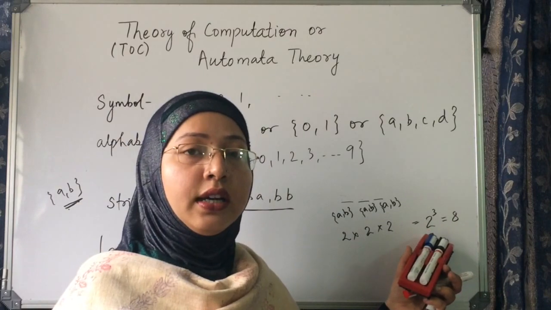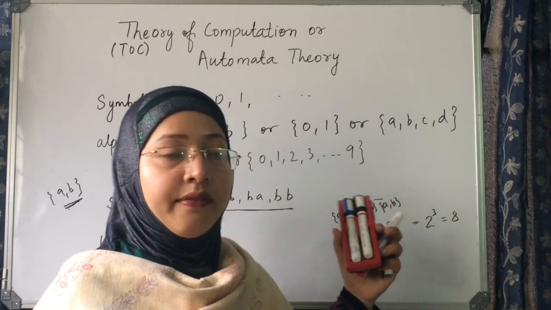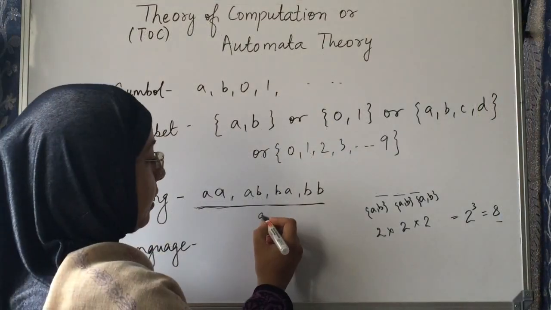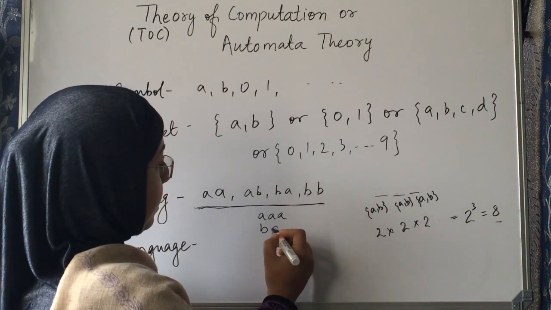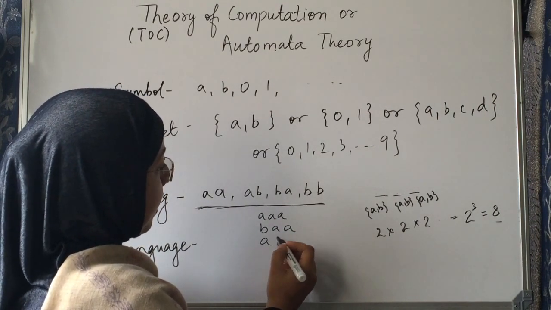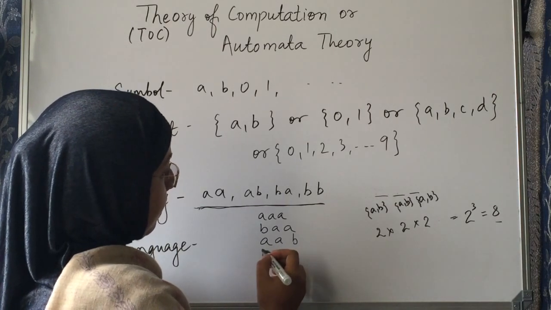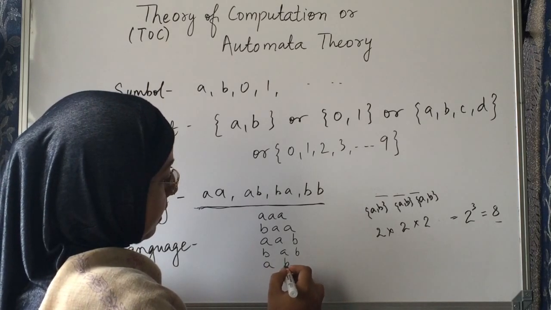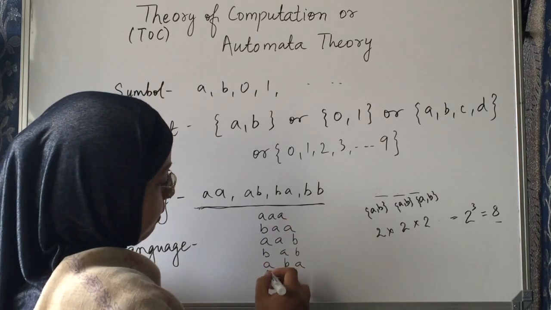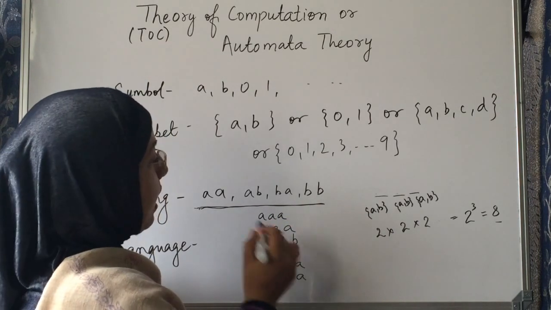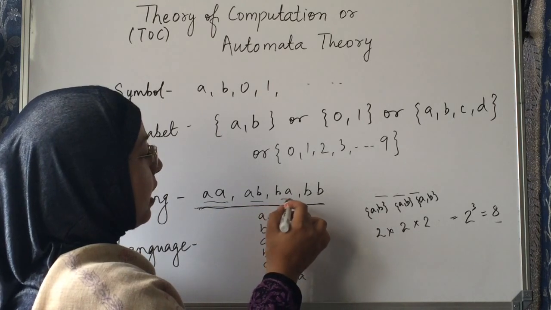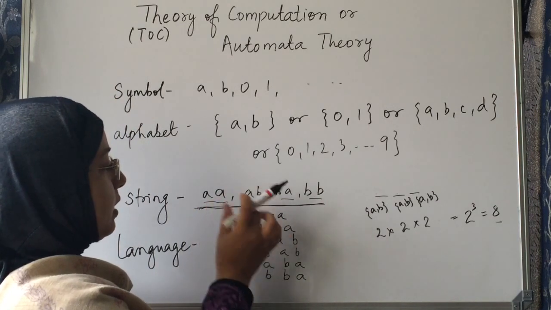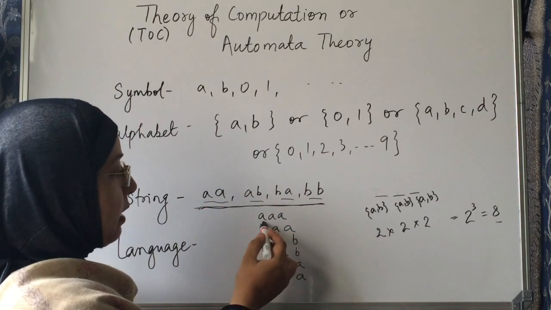But if I ask you what the strings of length 3 with this alphabet A comma B are, then they are: AAA, AAB, ABA, ABB, BAA, BAB, BBA, BBB. You can list them any way you wish.